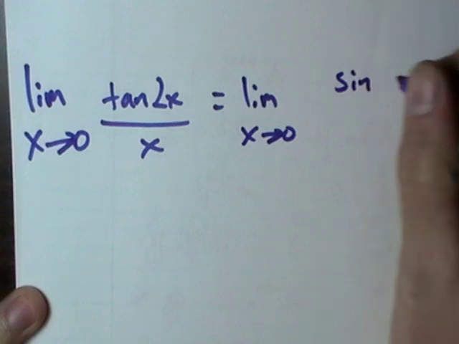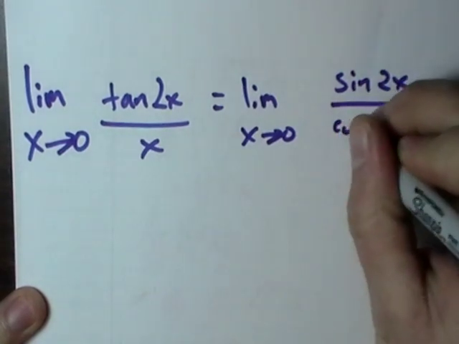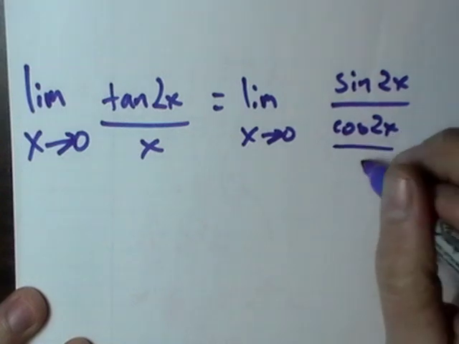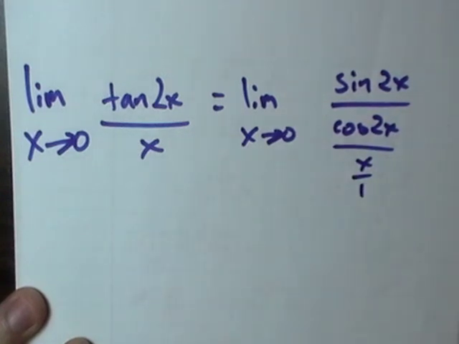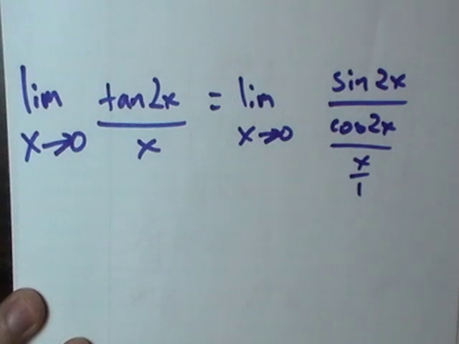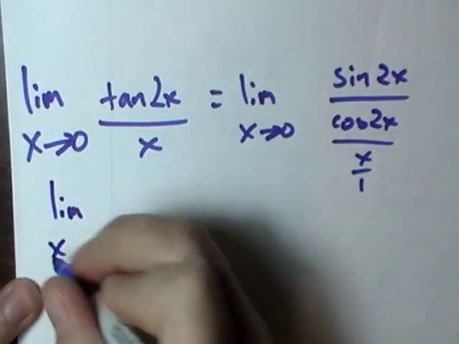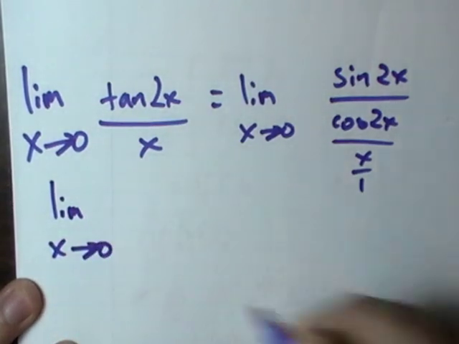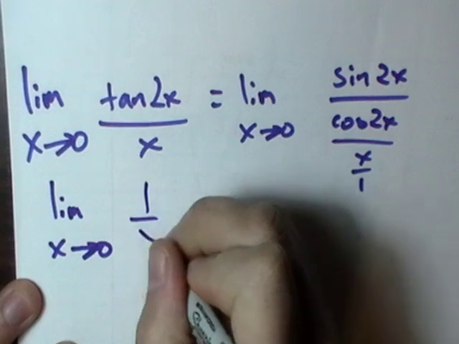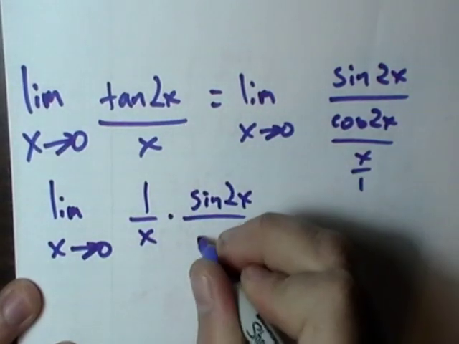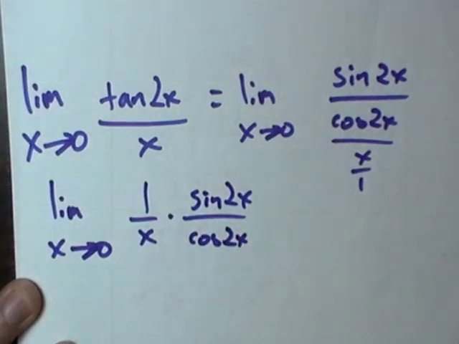I'm going to try and simplify this a little bit. Maybe I can go sine of 2x over cosine 2x, and that's all going to be divided by x over 1. So that's going to end up looking over here as 1 over x times sine 2x over cosine 2x.